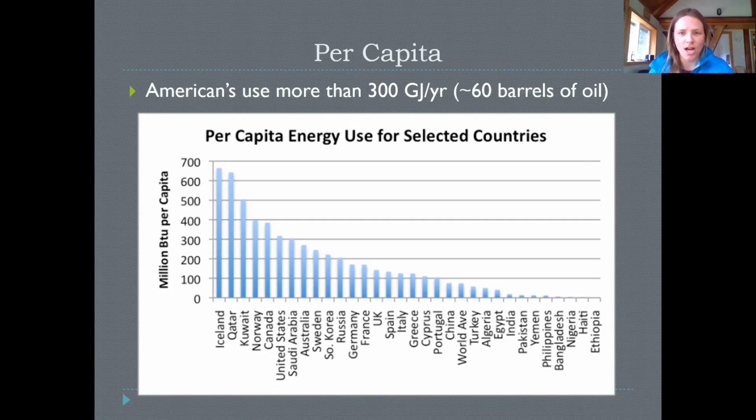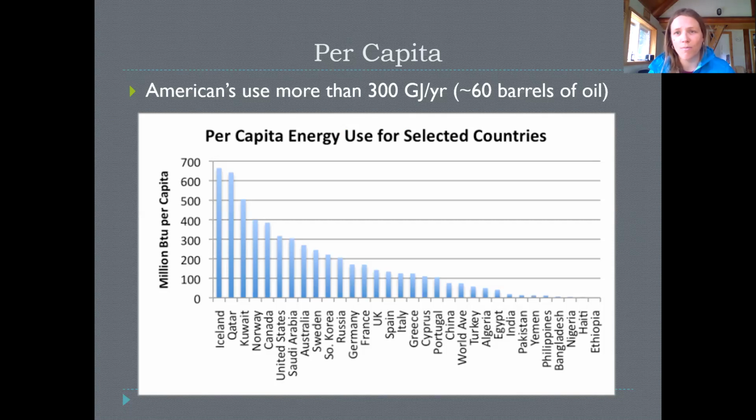And then you can see China is considerably less, even though since they have so many people, they're overall using more energy than us. So yeah, China's back there using about 75 million BTU per person per year, whereas the United States is more like 300. So we're using like 3 or 4 times the amount of energy per person in our country.